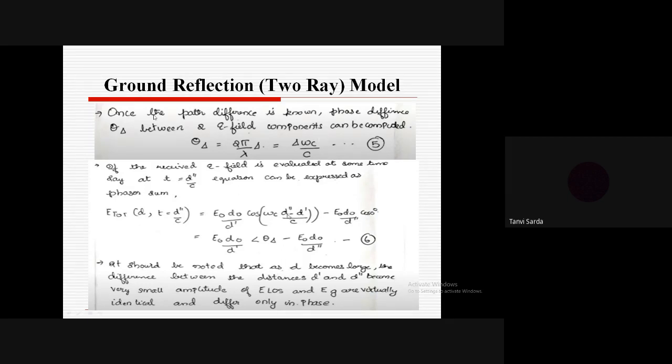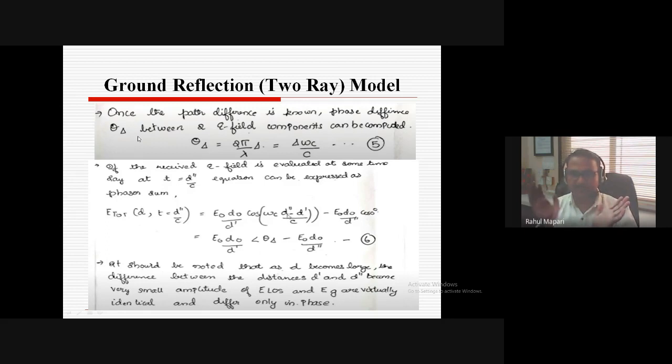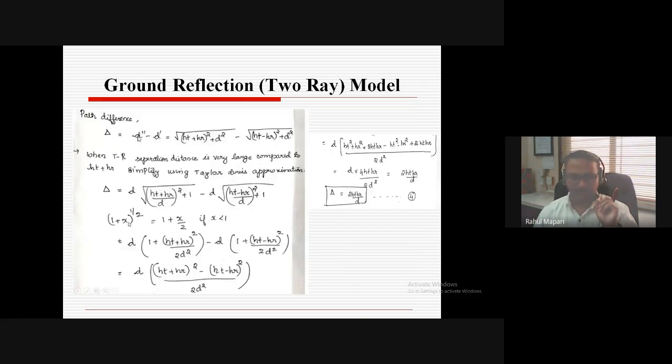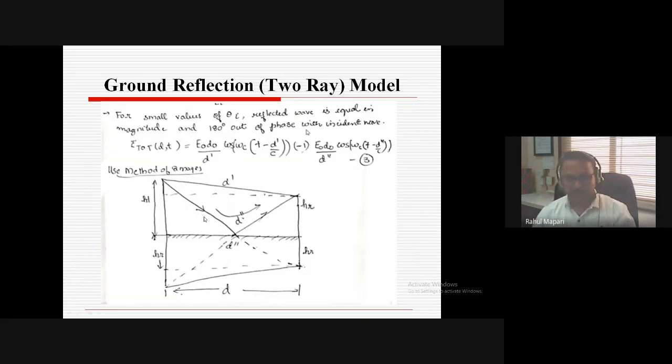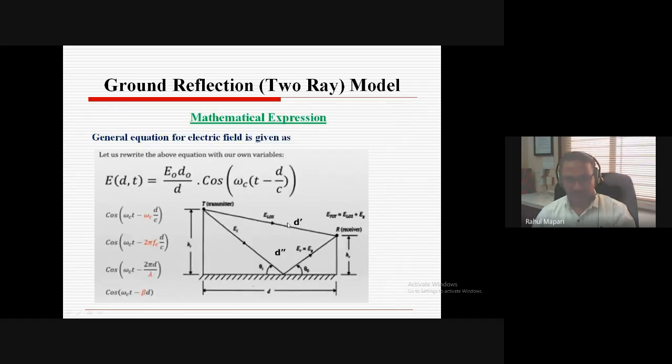Okay. Phase difference means the difference between two electric fields, or it is the angle between two electric fields. So we have two electric fields. Here you can see, this is the line of sight electric field, and this one is the reflected electric field.